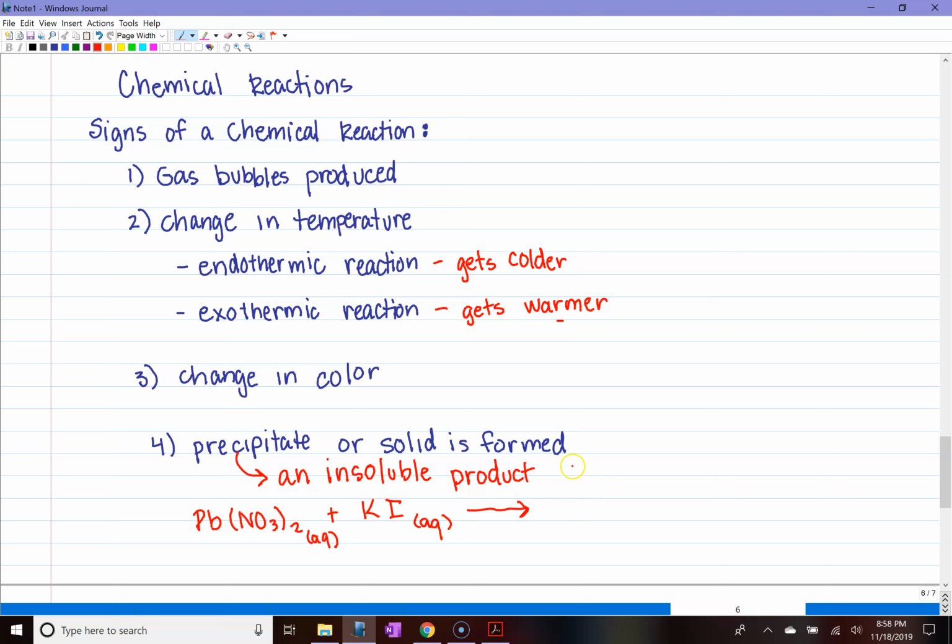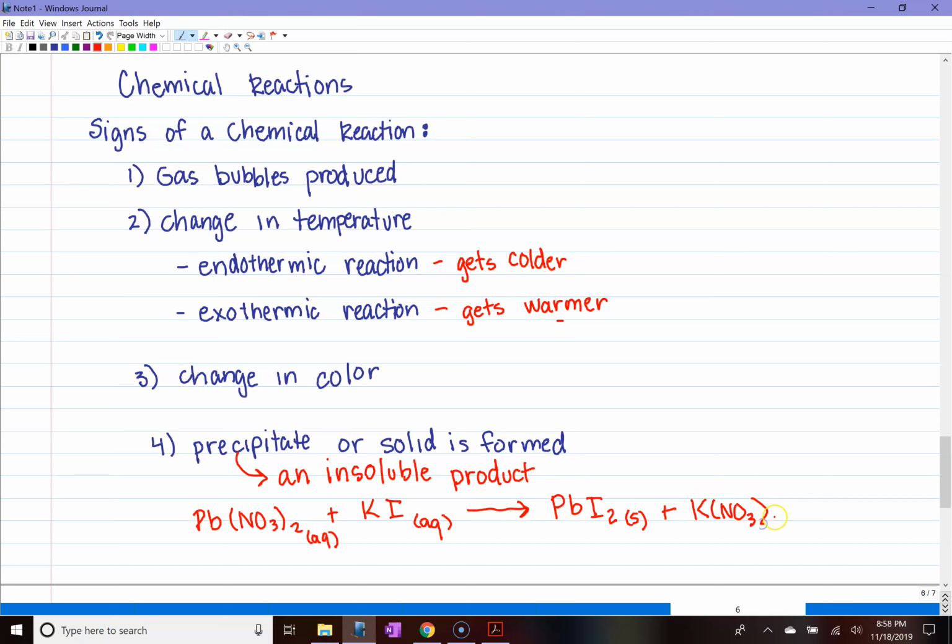And what we produce is lead iodide, which is our precipitate. And so since it's insoluble, it's going to stay as a solid, and potassium nitrate.